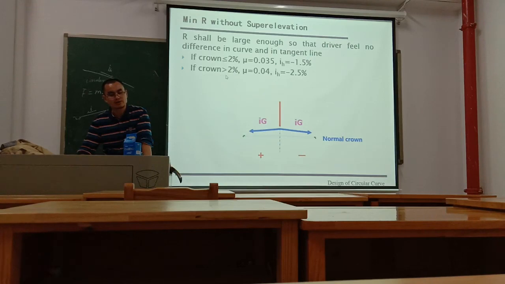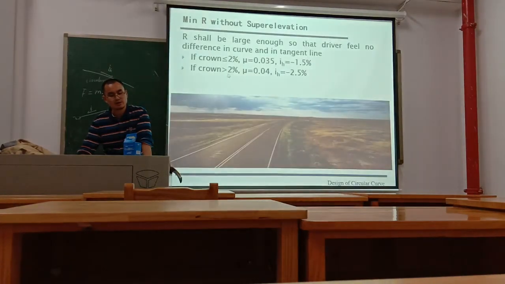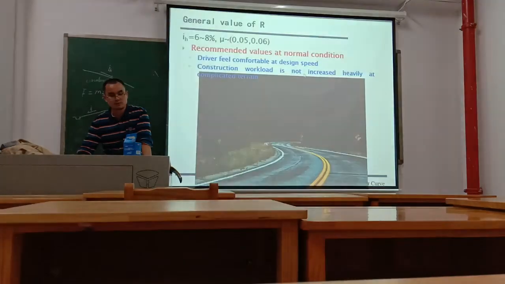If the crown is greater than 2%, mu is 0.04, IH is equal to negative 2.5%.